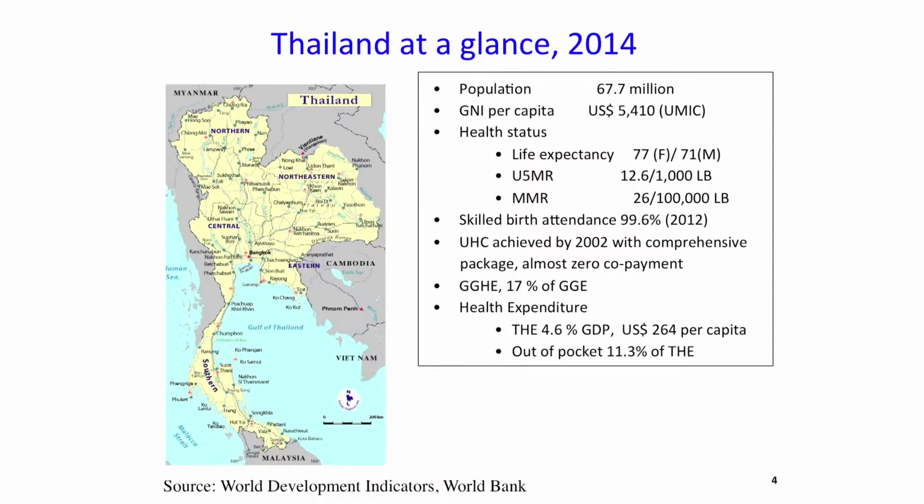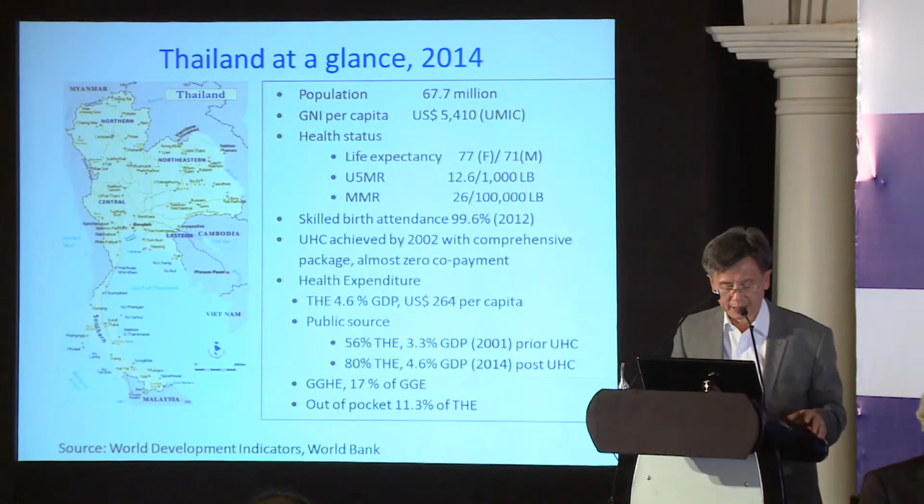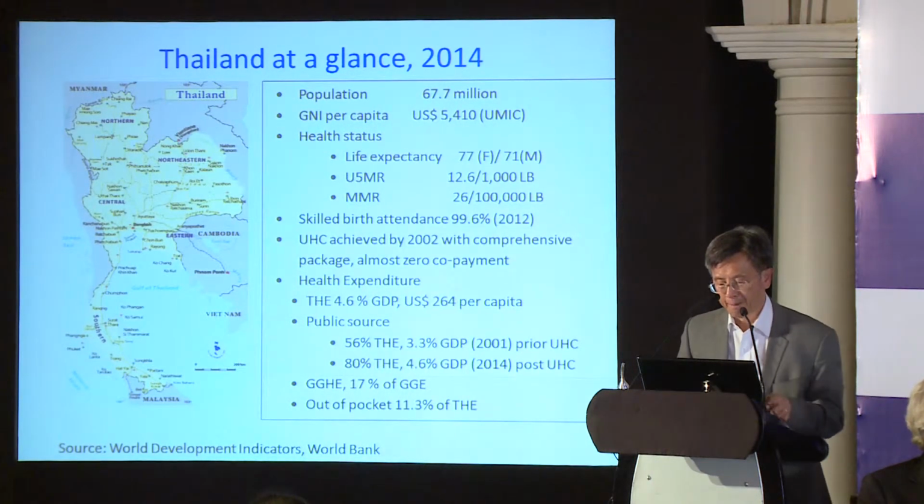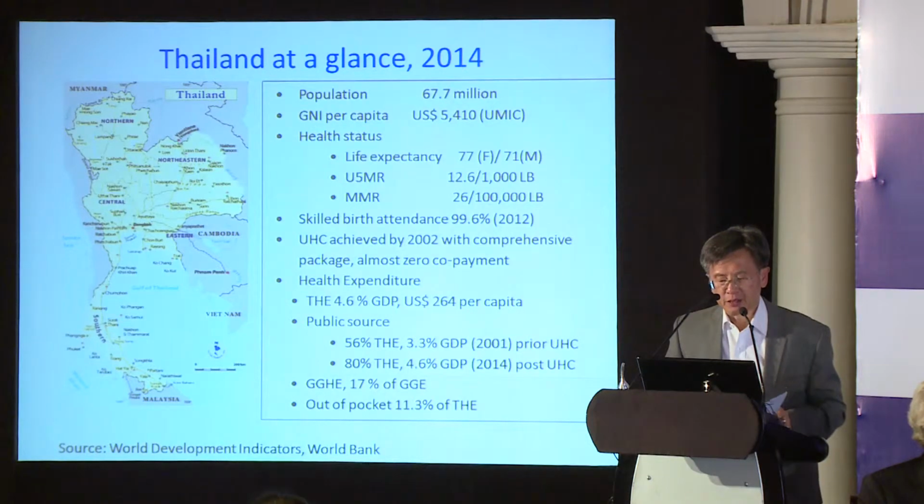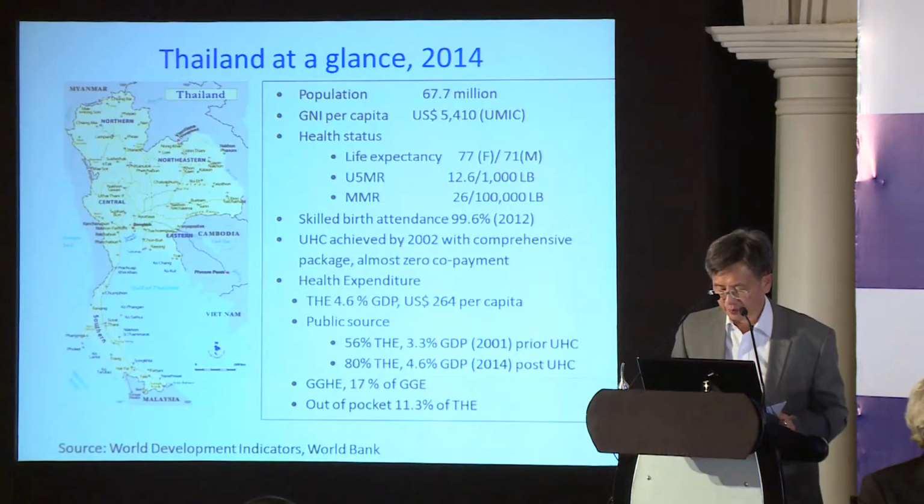Healthcare expenditure is less than 5% of GDP, and OOP is very low, 11.3% of total health expenditure by World Development Indicators, while public expenditure was 80% of THE in 2014, which increased from 56% in 2001 prior to UC. GGHE, General Government Health Expenditure, is 17% of GGE.